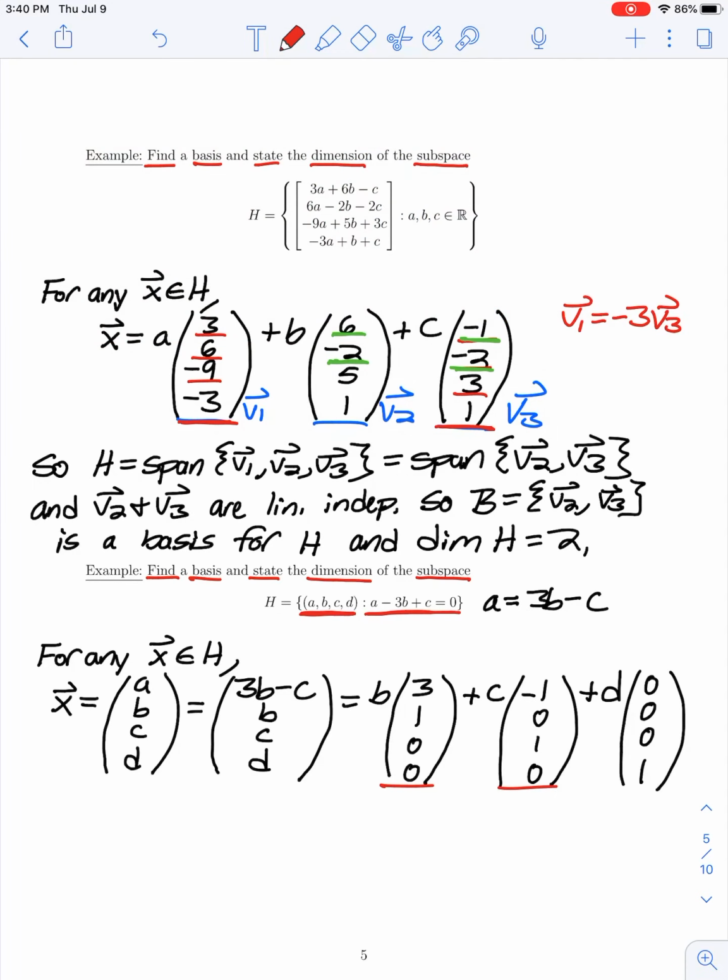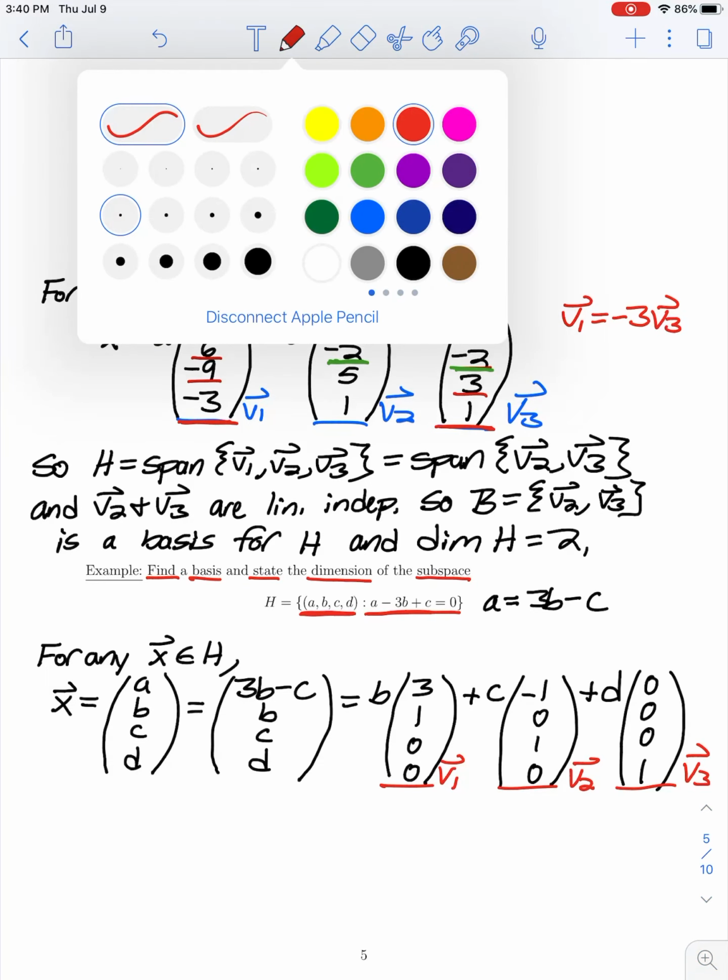So these three vectors, let's give a name to, let's call them V1, V2, and V3. And by inspection, we can see that those three vectors are linearly independent. No one of these vectors is a linear combination of the other two. Therefore, they must be linearly independent.